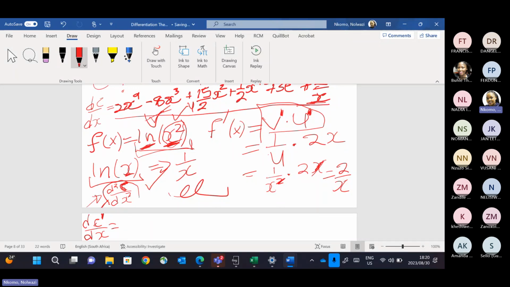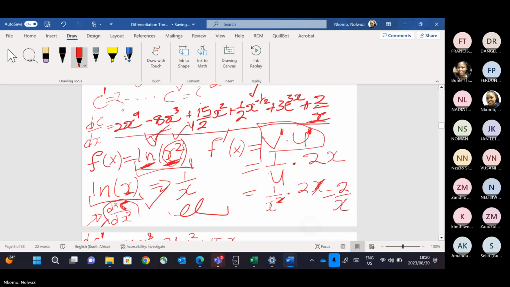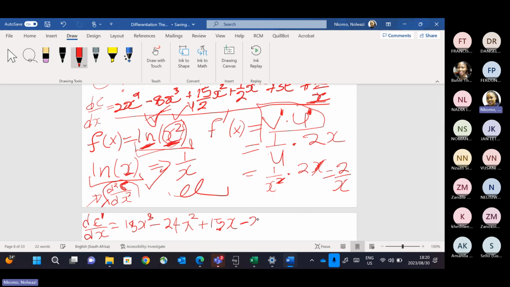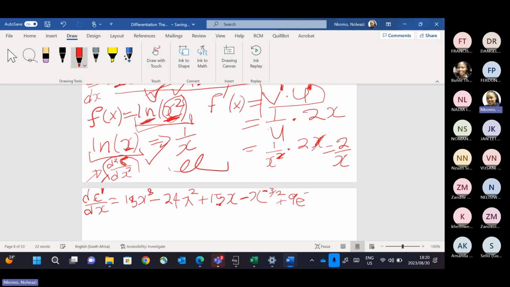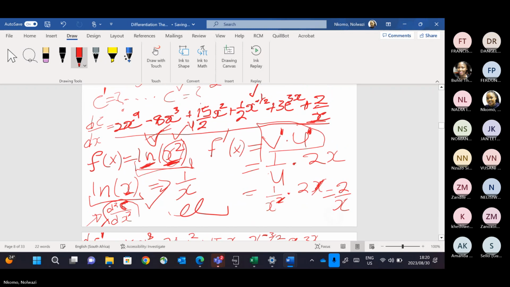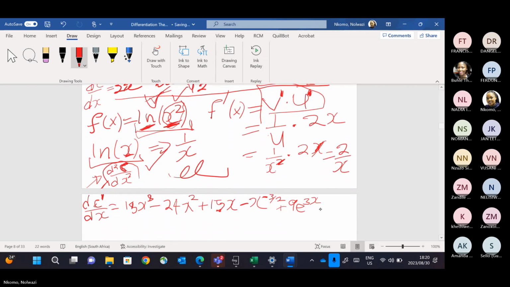And if I differentiate this function, I should find 18x to the power 8 minus 24x squared plus 15x minus x to the power minus 3 over 2 plus 9e 3x minus 2x minus 2.